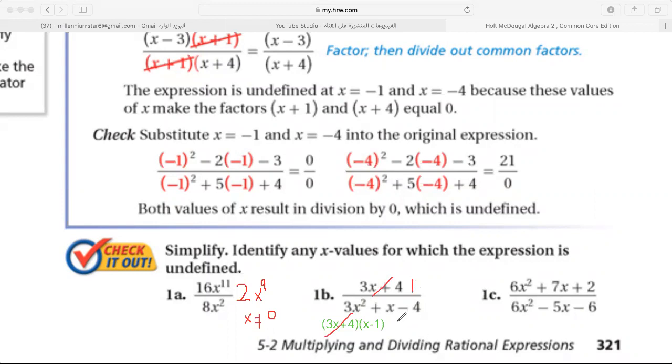So my answer will be 1 over x minus 1, where x is not equal to 1.